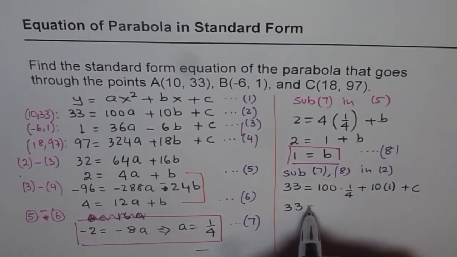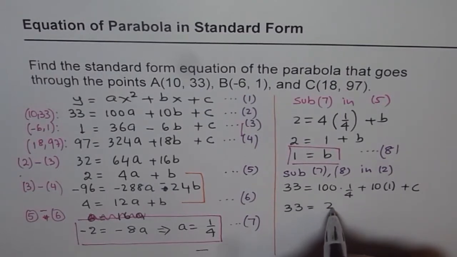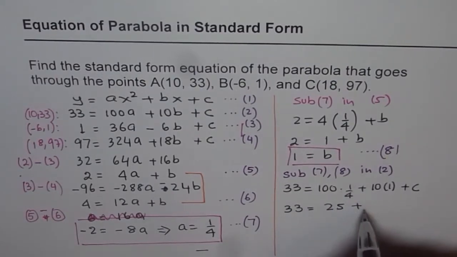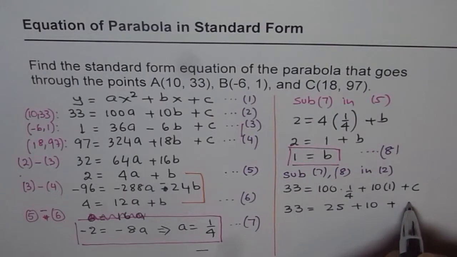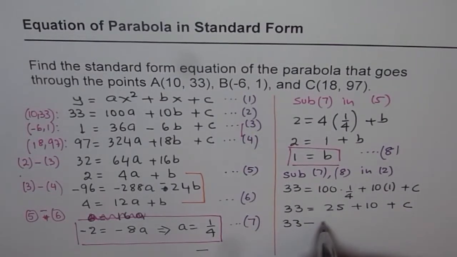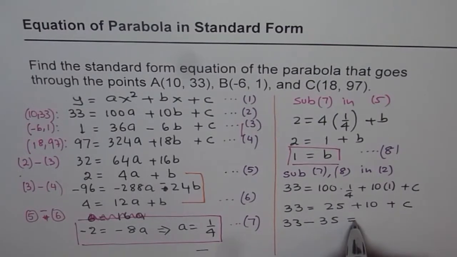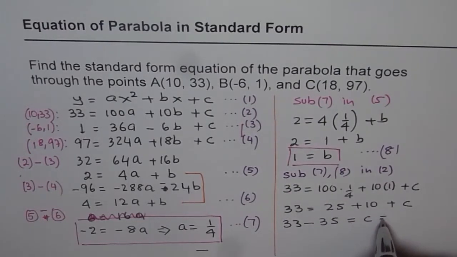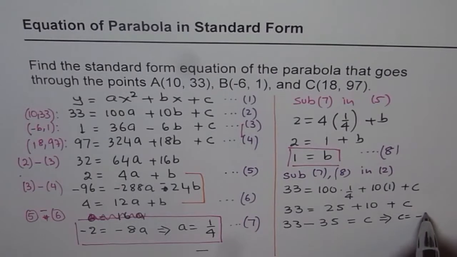So 33 equals to 1/4 of 100 is 25, plus 10, plus c. So it is 33 minus 35 equals to c, and this implies that c is equal to minus 2. So that is the value of c for us.